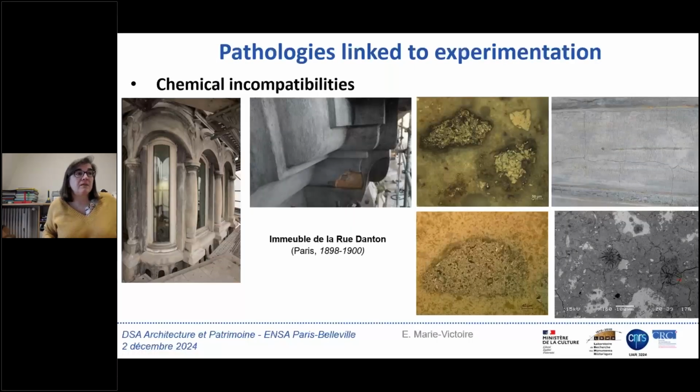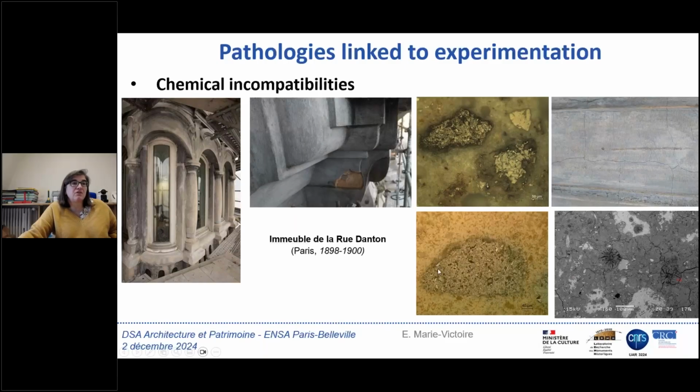We also have chemical incompatibilities due to experimentation, and here is an example from the late 19th century, where natural cement was used for decoration ornaments, and Portland cement was used for the structure, and the mix of both cements.